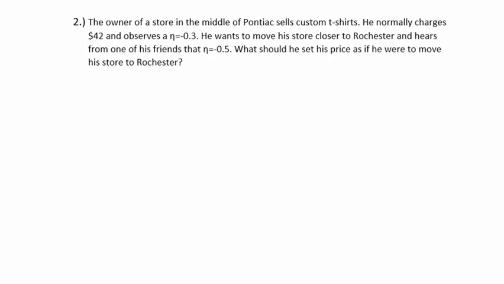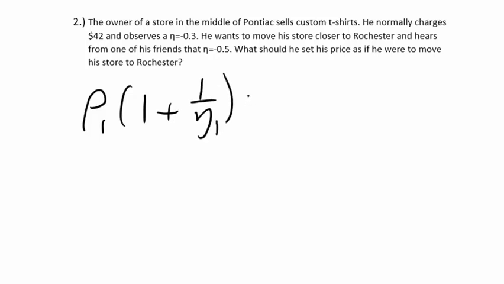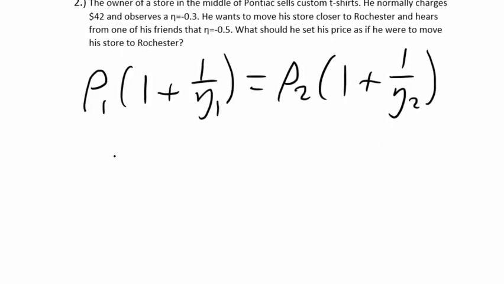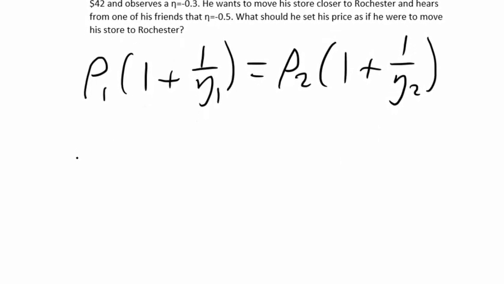So, we know we're going to use that same formula from before. The P1 times the quantity of 1 plus 1 over the elasticity of 1 equals P2 times the quantity of 1 plus 1 over the elasticity of 2. And we know P1 is 42. We do not know what P2 is.